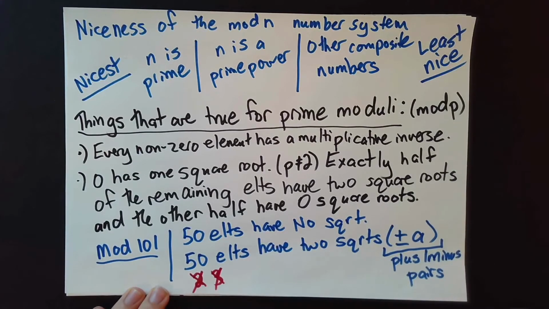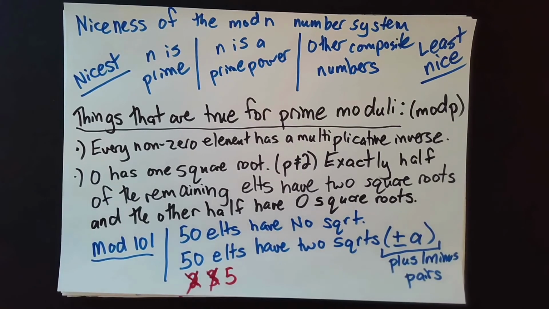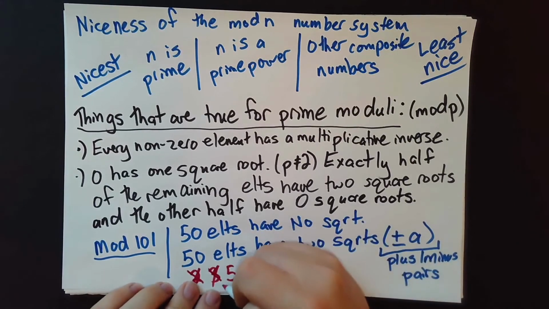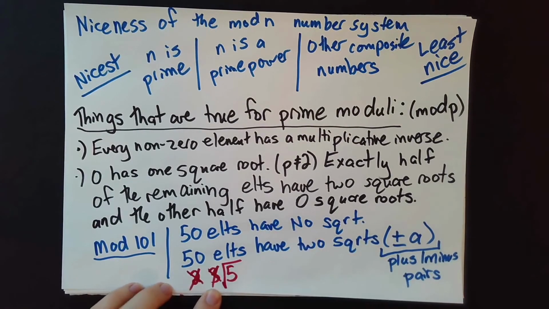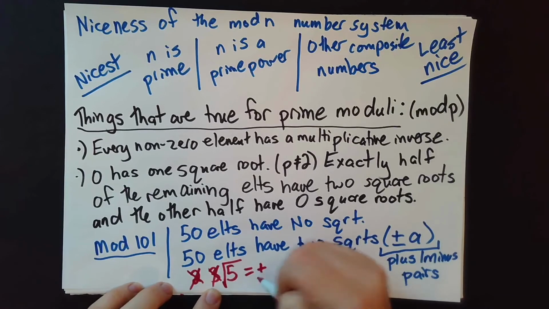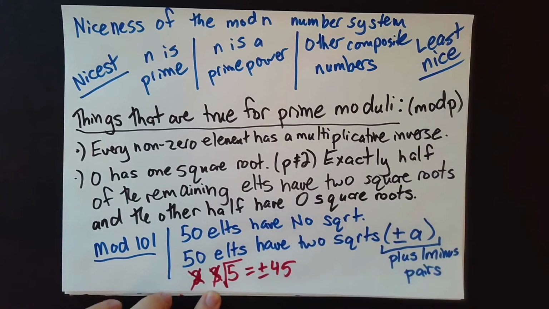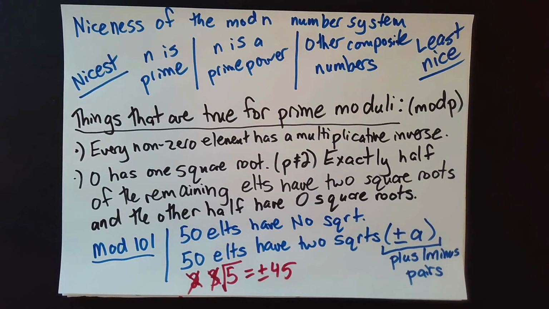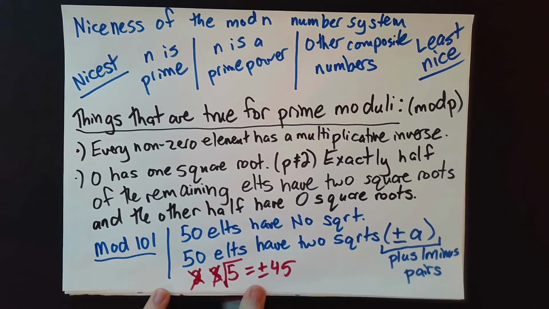Of course, 4 does. 5 actually has a square root. Namely, you can check that the square root of 5 mod 101 is plus or minus 45. By the way, I'm not doing this by hand, I'm doing this by computer just to show you how this ends up working out.